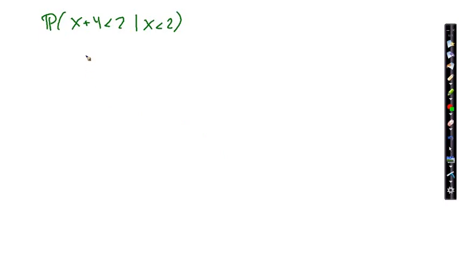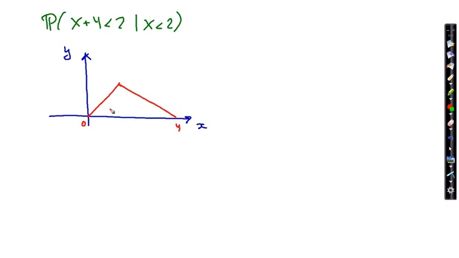Again, I am starting from the picture in the 2-dimensional case, so x, y. My triangle was something like this. This was 4, this was 0, this was 1, and the height was 2. Okay, so what I'm doing, first I need to write the equation for this conditional probability.